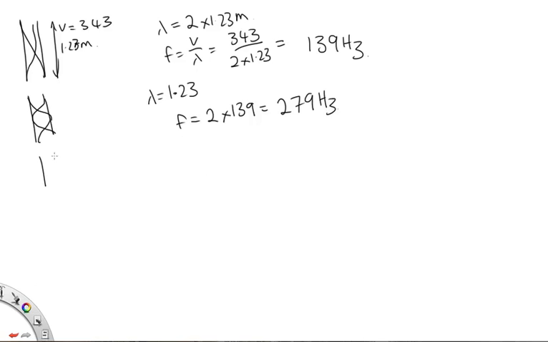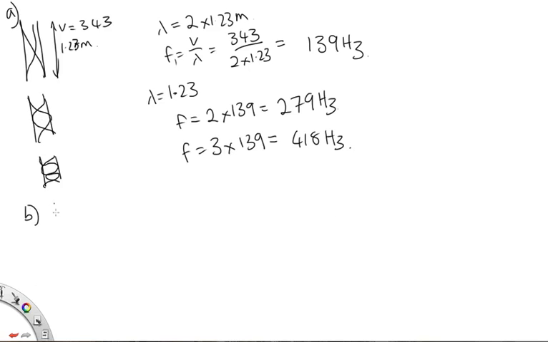And then for the third case, we actually end up with 1.5 wavelengths in there, so it's 3 times this fundamental frequency, so F is equal to 3 times 139 with all its significant figures. That gives us 418 hertz. Okay, so that's part A.